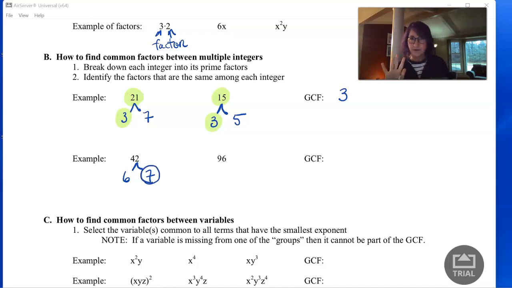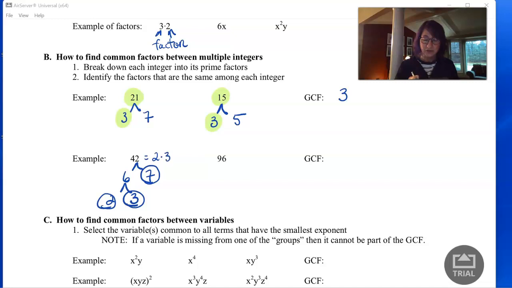I don't have to go any further. 6 is what we call composite, meaning I can break it down further. I can break it down into 2 times 3. 2 is prime, 3 is prime. So the prime factorization of 42 is 2 times 3 times 7. If I multiply those 3 numbers together, it gets me back to 42.